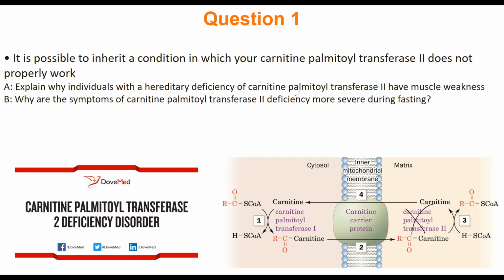However, you don't get this energy anymore, which is a major energy source for muscles. So naturally, these individuals get less ATP to their muscles, which means you have weaker muscles because the muscles use a lot of ATP. And so why are these more severe during fasting?